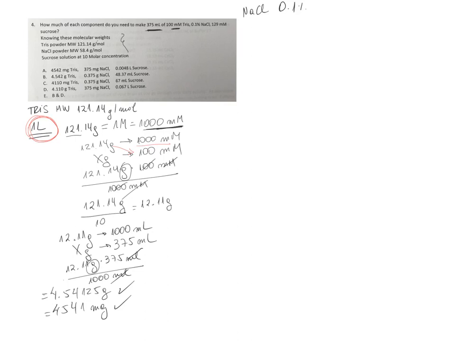So for example, if you want to do a 1% solution, it means that it's going to be 1 gram in 100 mLs. So it's the same number that you're given in the percentage here, but in grams, but always in a total of 100 mLs.